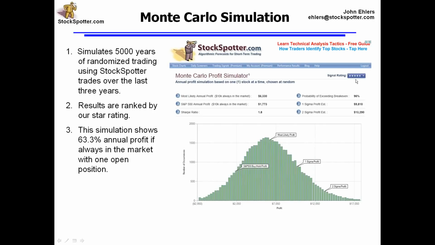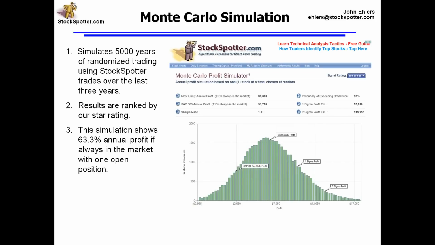That's our best rating. And we have a Sharpe ratio of 1.8 to 1. Notice that the S&P 500 buy and hold is about halfway down the bell curve, even though it's been a pretty good run lately over the last year.